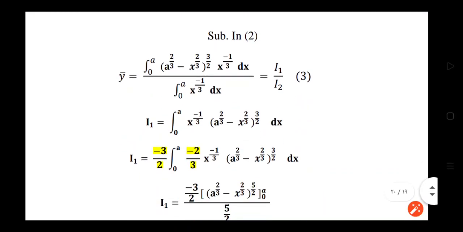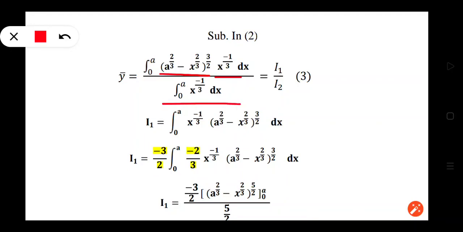So we can see that the value of y bar equals the integration from 0 to a of brackets a power 2 over 3 minus x to power 2 over 3, all power 3 over 2, times x to the power negative 1 over 3 dx, over the integration from 0 to a of x power negative 1 over 3 dx. Let this be I1 over I2, and this relation is number 3.